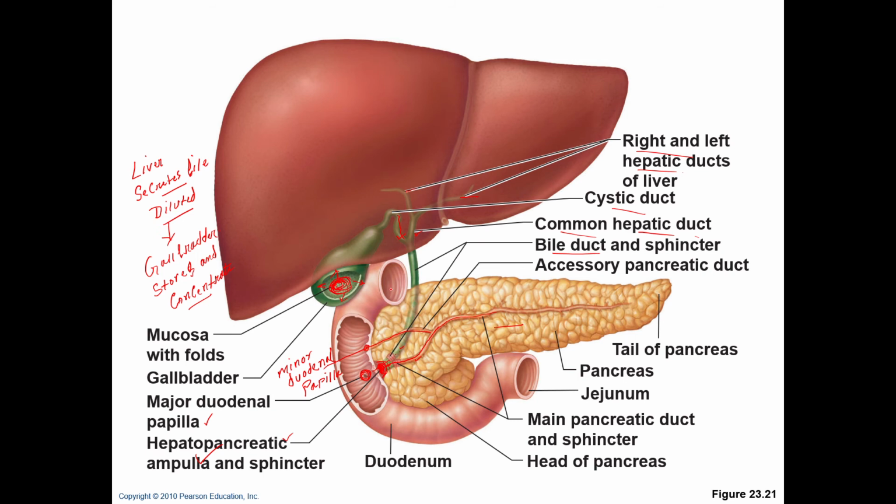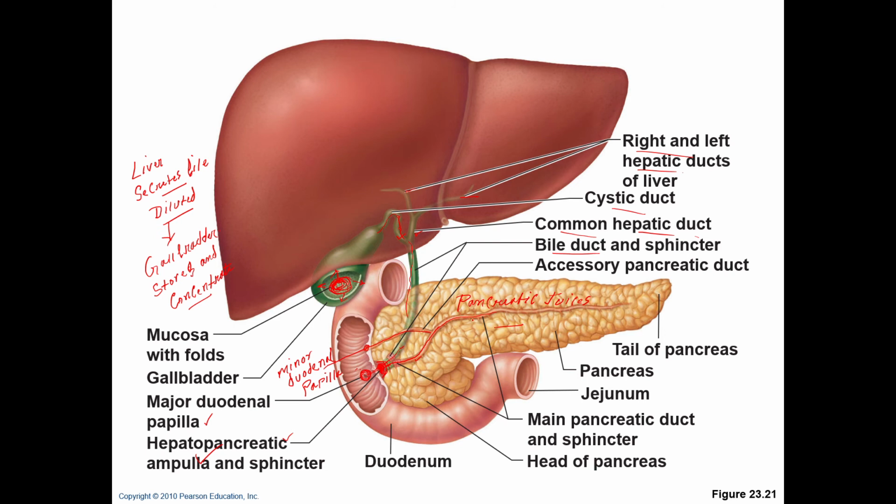Now when you eat fat-rich food, bile is needed to digest the fat. So the gallbladder contracts and the bile, concentrated bile, goes this way into the duodenum, okay, to digest the fat. And pancreas secretes pancreatic juice, very important because it has all types of digestive enzymes I mentioned before: amylase, pancreatic amylase, lipase, protease.